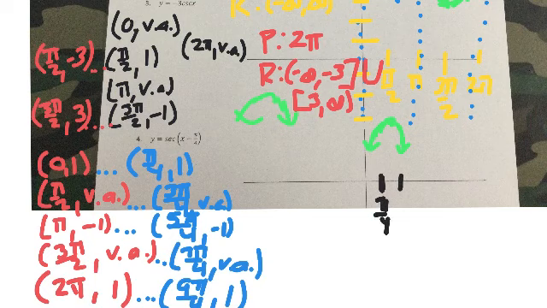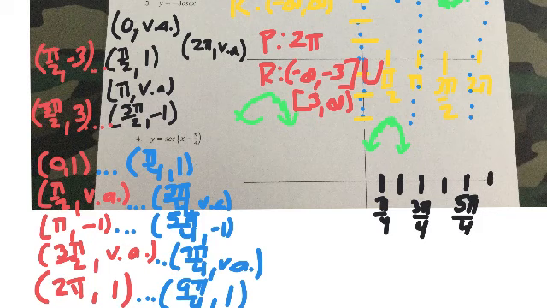And then when you evenly space them, you're going to have to skip 1, and then the next one will be 3 pi over 4. This is pi over 4. This is 2 pi over 4, then 3 pi over 4, 4 pi over 4, 5 pi over 4, 6 pi over 4, 7 pi over 4, 8 pi over 4, 9 pi over 4.